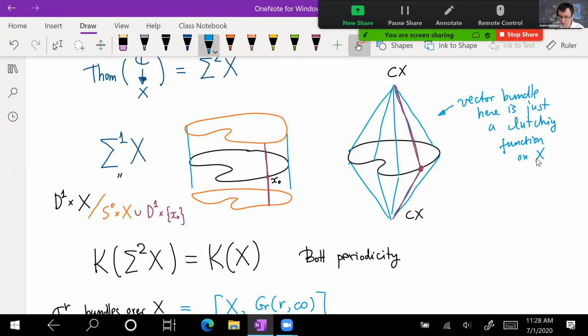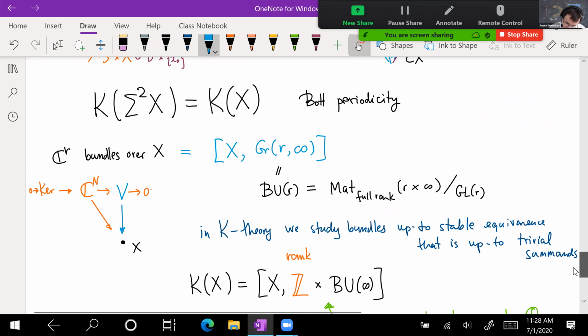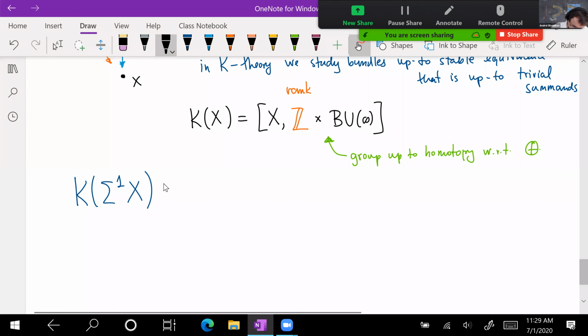And so for every point on X, you have the value of your transition function, and so this means that this is going to be the homotopy classes of maps from X to, well, just U infinity. Right? That's one thing.